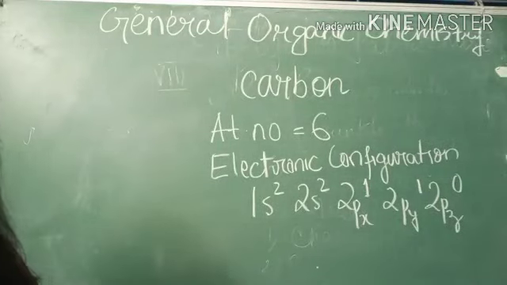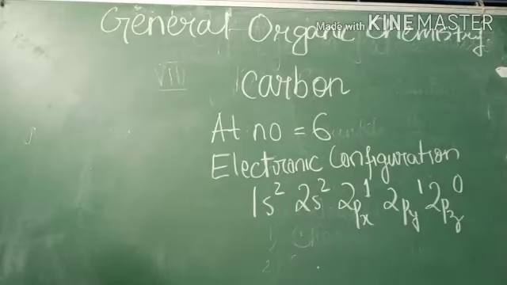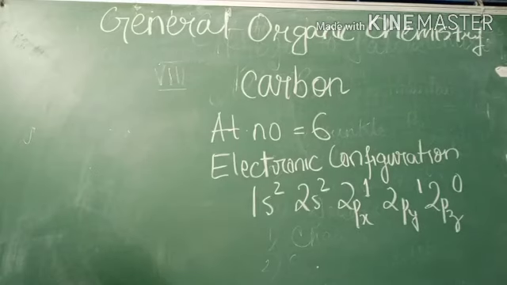As you can see, I have written carbon, atomic number 6, and electronic configuration 1s2, 2s2, 2px1, 2py1 and 2pz0. From this we can understand that carbon has 4 electrons in its outermost shell, right? So either carbon can have a +4 oxidation state or a -4 oxidation state.